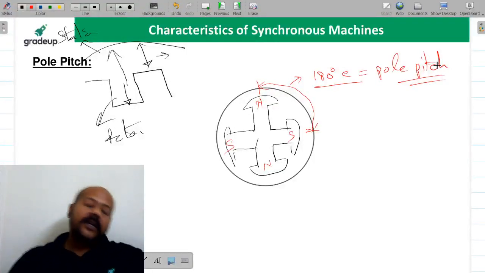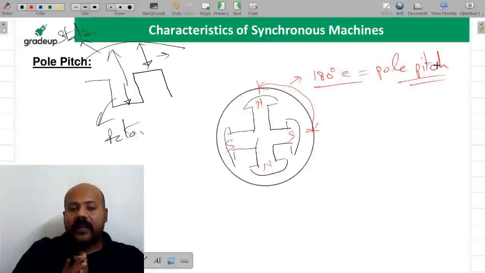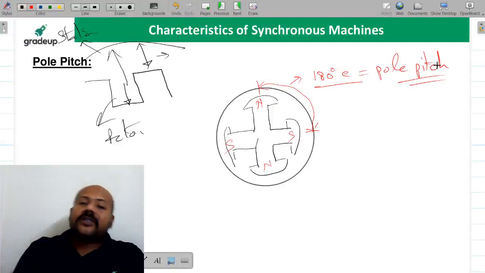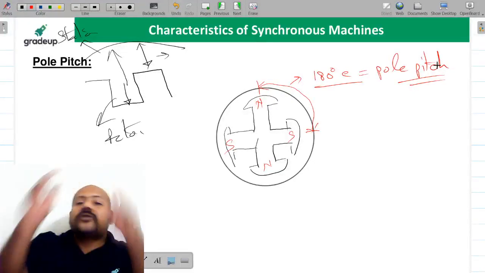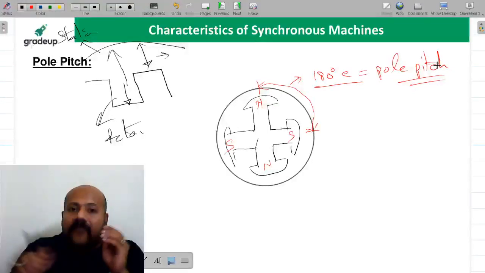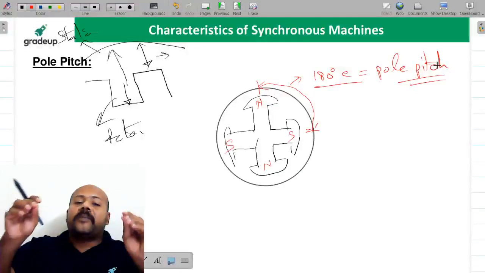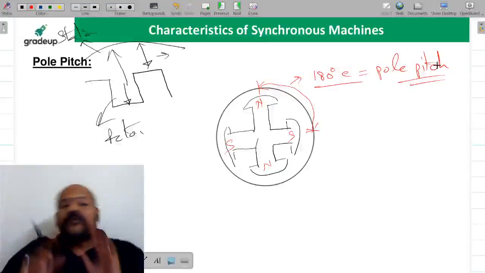Why beta are we calling it a pole pitch? Because if you are standing on the rotor, let me tell you again, the moment one north to south pole is covered, one cycle of EMF is generated. So your work is going to be completed from a movement from north to south.